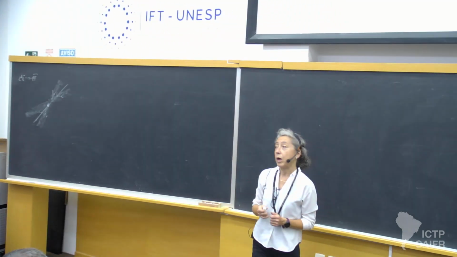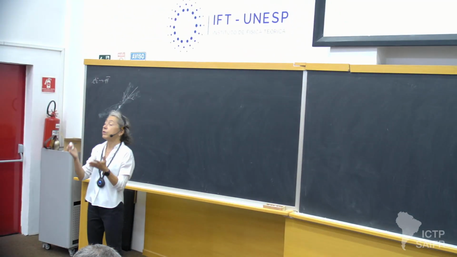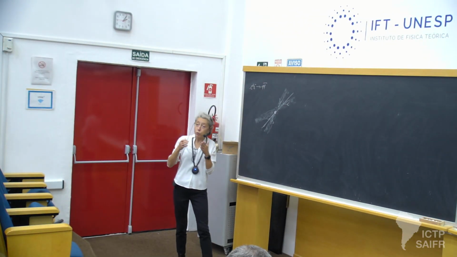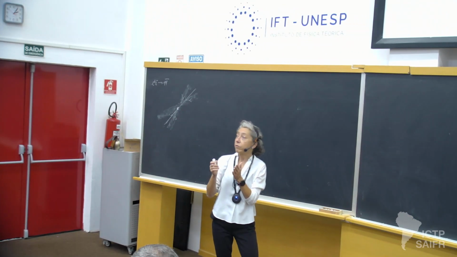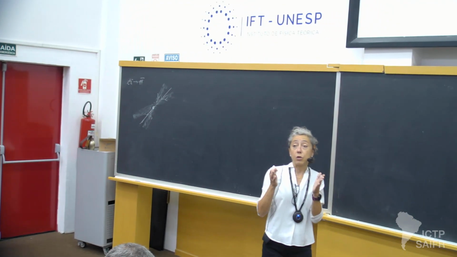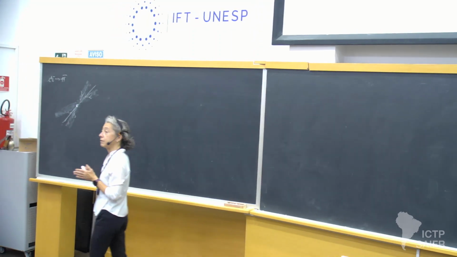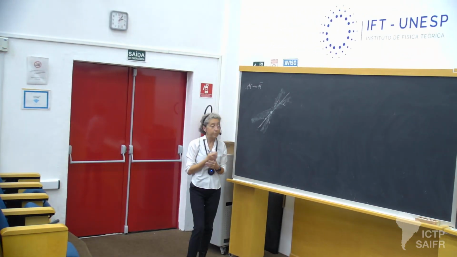If you had to tell what kind of event you would have in your collider, you would say, I have produced two cones of hard, strong interaction activity. That is what we are now used to calling jets.